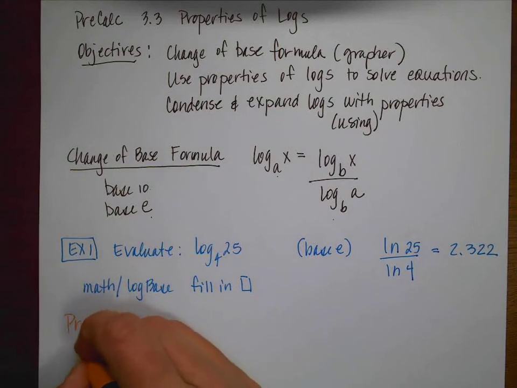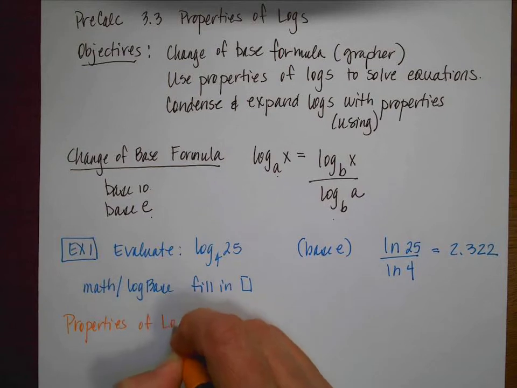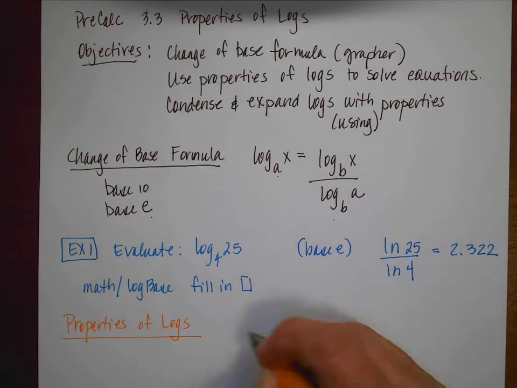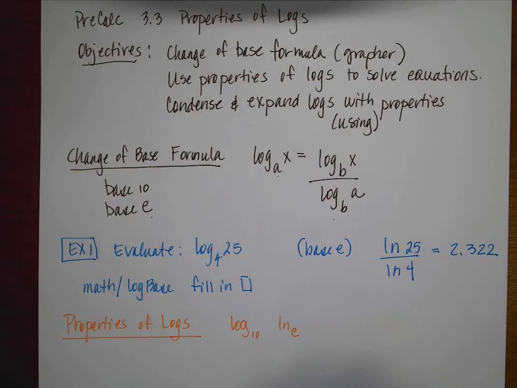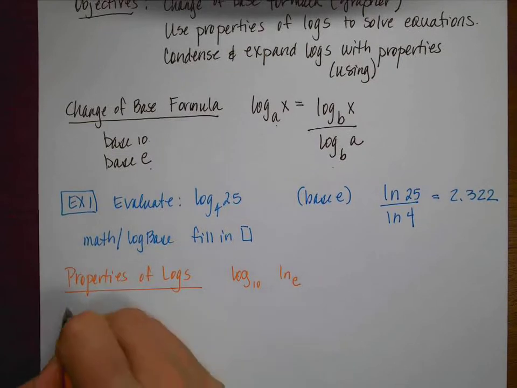Now let's talk about the properties of logarithms. It doesn't matter whether you are using log base 10 or the natural log with e, the properties are exactly the same.